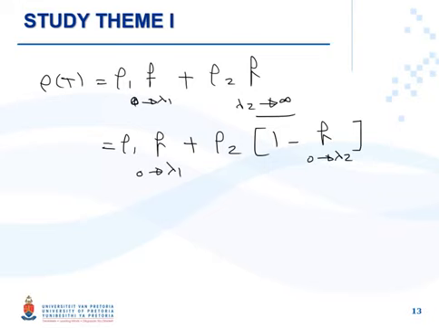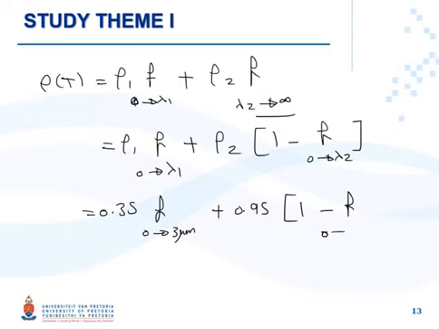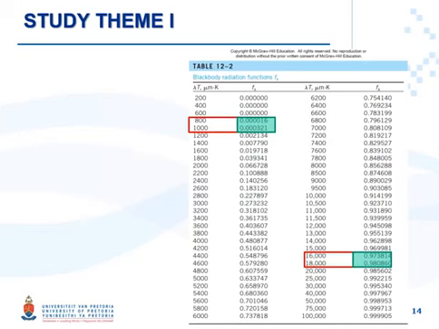So in order to be able to read it from the table, we need to get the information from the table. So it's 0.35 F from 0 to 3 micrometer plus 0.95 times 1 minus F between 0 and 3 micrometer. Okay, so now let's go to the table and read it.